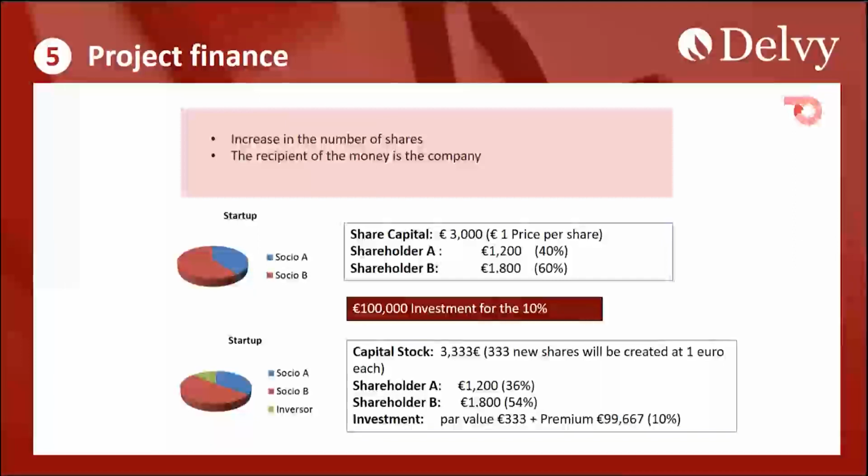So the 99,667 euros will be the premium related to the shares at par value, right? Is there any question here in this example?